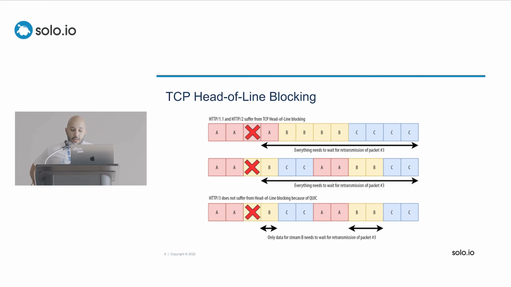Now with HTTP3, only the packets that are lost can be resent, right? So that means from a performance perspective, we don't need to resend everything. And this is a big improvement in a lot of things.